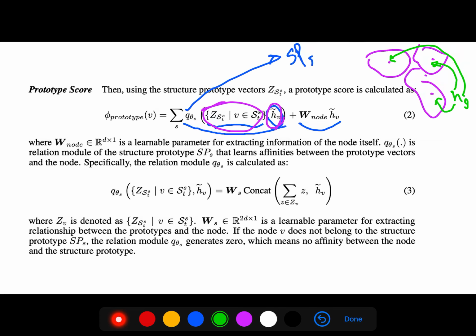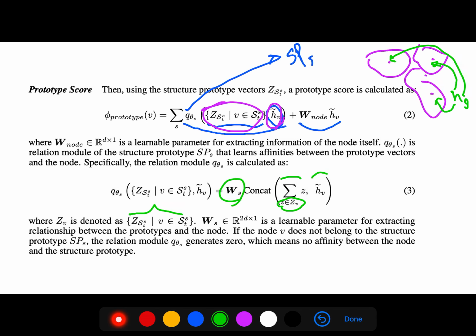Now we can concatenate the Z's and the HV tilde. And Z is in Z sub V, which I've explained. And W is learnable. Again, this one is a learnable parameter.